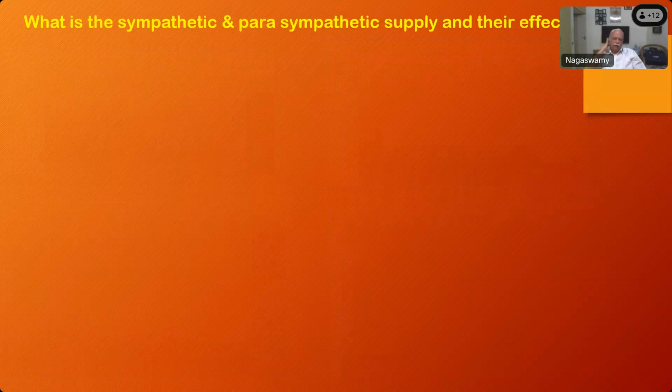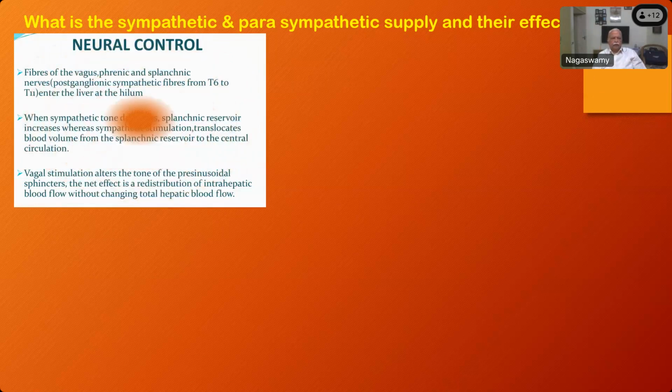Now, the second factor is about the humoral and neural control. So for that, what is the sympathetic and parasympathetic supply and their effects on the blood supply to the liver? We talked about neural control as extrinsic regulatory factors.